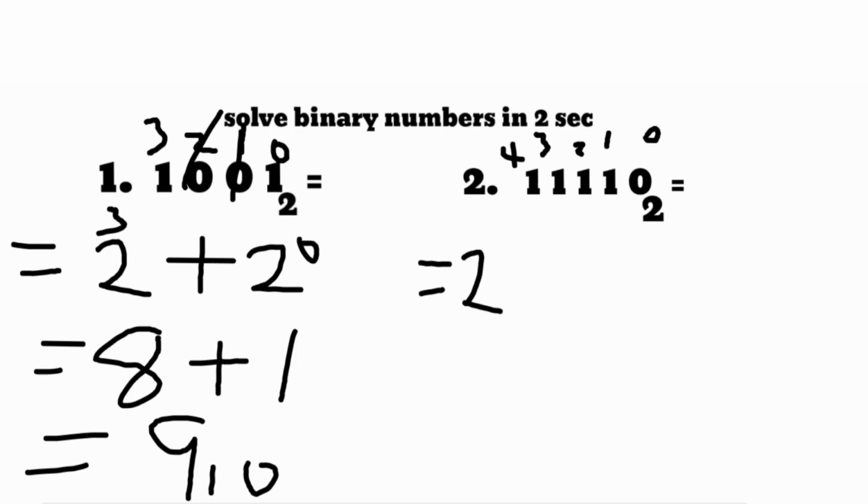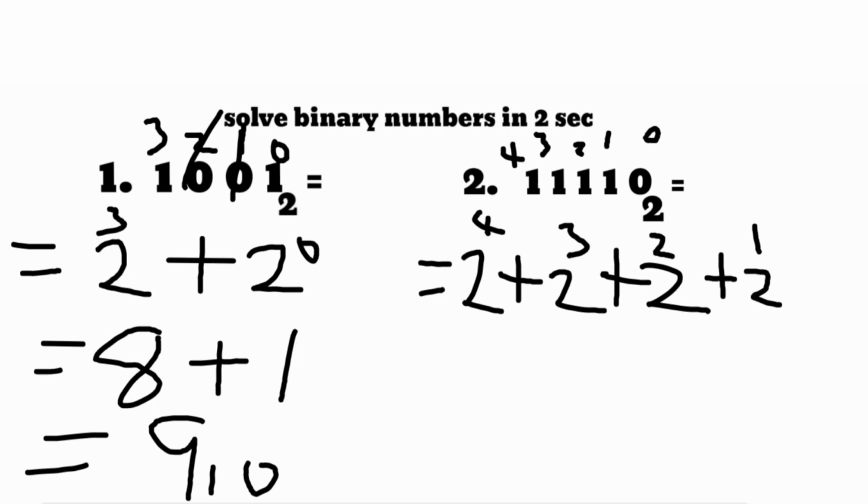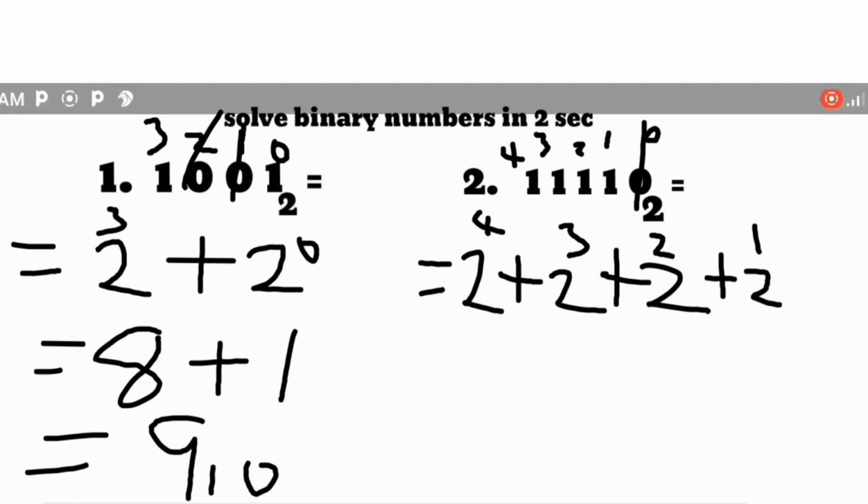So 2 to the power of 4 plus 2 to the power of 3 plus 2 to the power of 2 plus 2 to the power of 1 plus 2 to the power of 0. Then I remember saying that the one that has 0, you cancel it. So let's cancel that one.